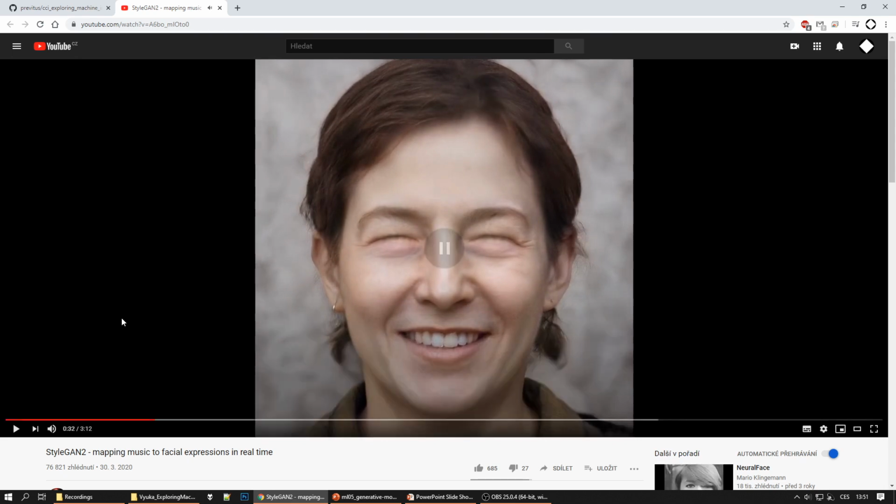So basically, I think what they were doing was mapping beats to some movement in the latent space. So every beat would move the face in the direction of, I guess, from a closed-eye version of an image into an open-eye version of an image.